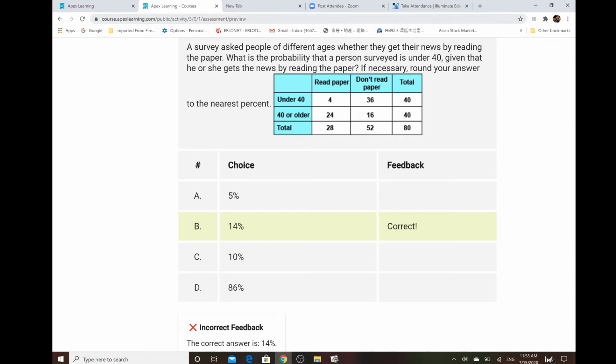Okay, let me go through the detailed information here real quick. So 4 over 28. Wait a minute. Given that by reading newspaper.